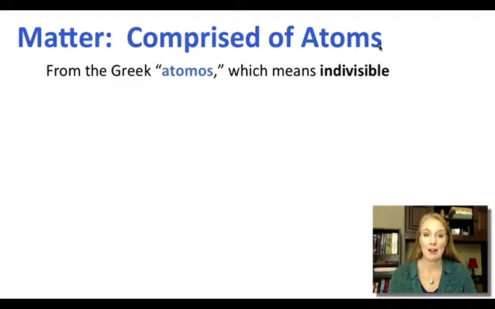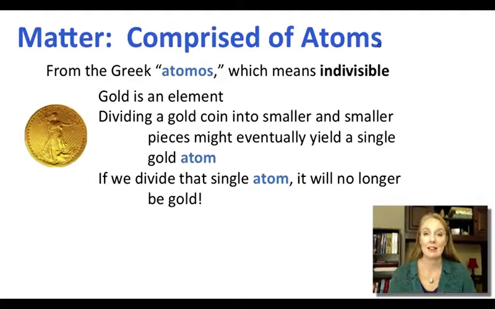Atom comes from the Greek atomos, which means indivisible. So here's an example. Gold is an element, and here's a lovely gold coin. If you divide a gold coin into smaller and smaller pieces, perhaps with a little axe, then you would still have gold. You would just have 2 pieces of gold or 4 pieces of gold.